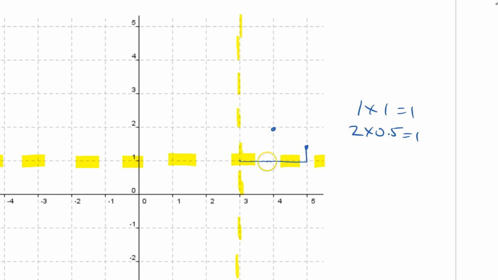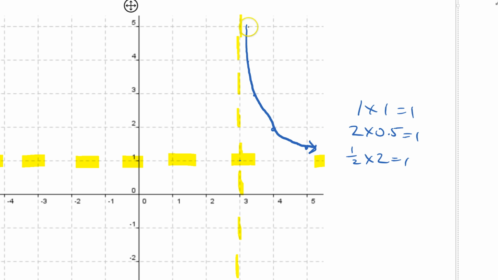So here I'm going right 2, up a half, okay? And here I could go right a half, up 2. I'll erase this business here. I could go right a half, up 2, and then over here I could go right a third, up 3, and go to here. So now I'll try to sketch this line in.